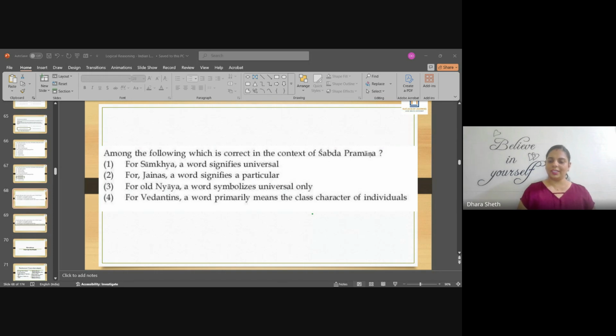So Shabda here is class character, whether you're trustworthy or not. Okay? And in Sankhya, a word means Vyakti, individual or person. That is another question which has been asked. What is the meaning of word in Sankhya philosophy? So it means Vyakti or person or individual. So any person or object which has individual characteristics. That is why a word is Vyakti in Sankhya. Okay.